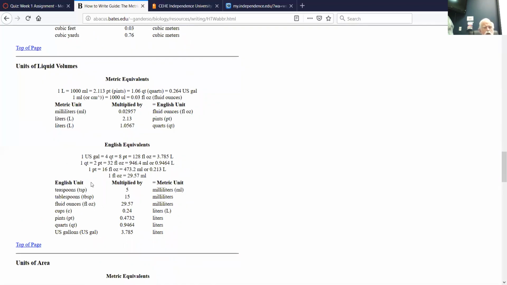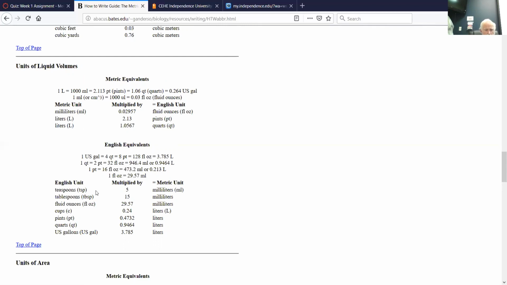If you have a liter of water, it will weigh a kilogram, 1,000 grams, because there are 1,000 milliliters in a liter, and each of those milliliters is a gram. 500 milliliters will weigh 500 grams. 25 milliliters will weigh 25 grams.